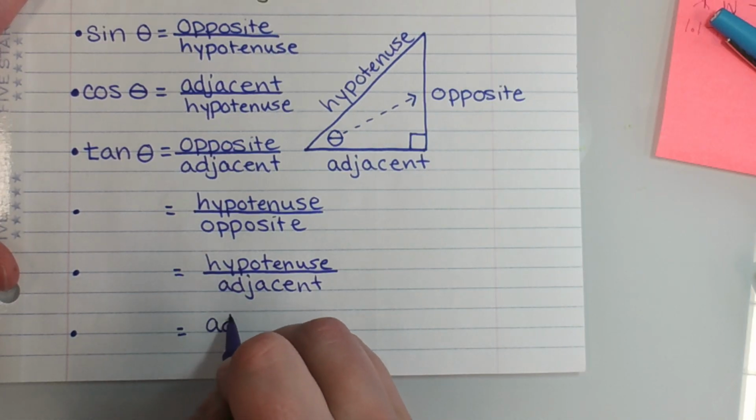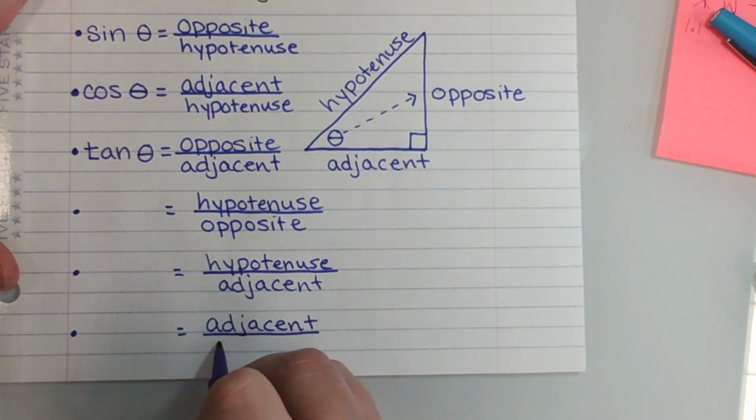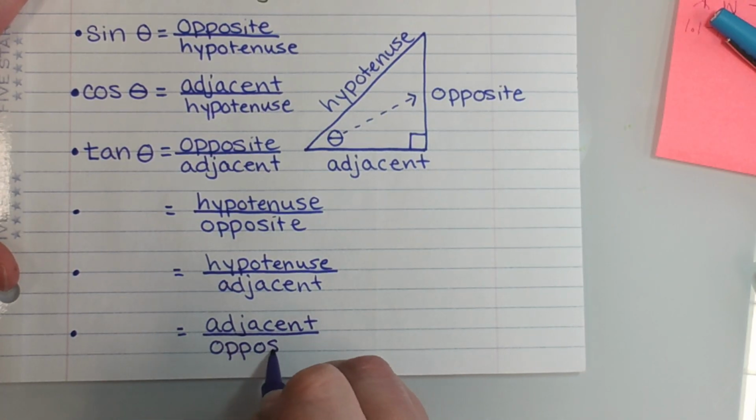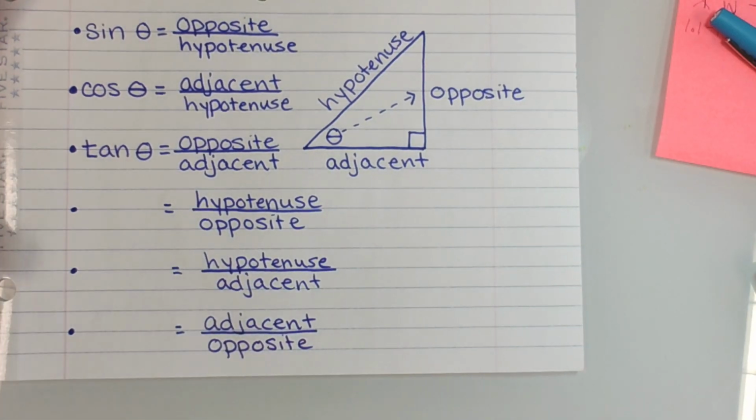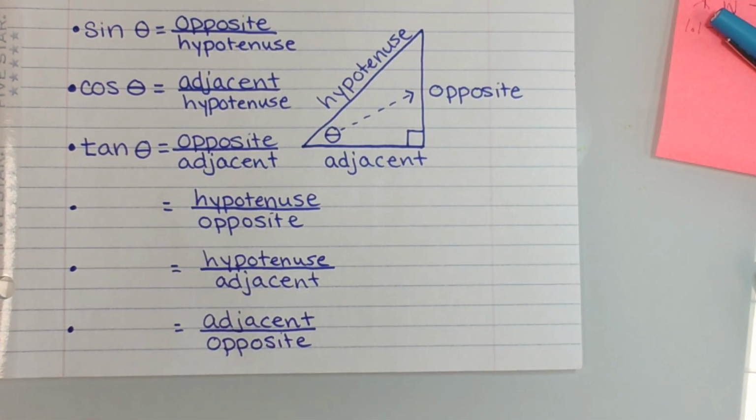And adjacent over opposite. How are these three related to the original three? They're the flipped version. What do you call flipping a fraction? They're the reciprocals.